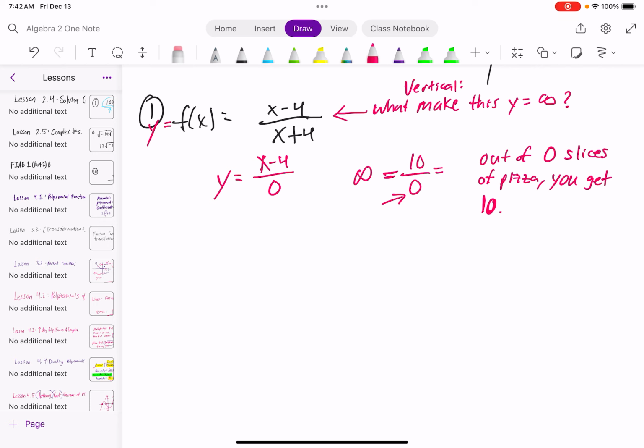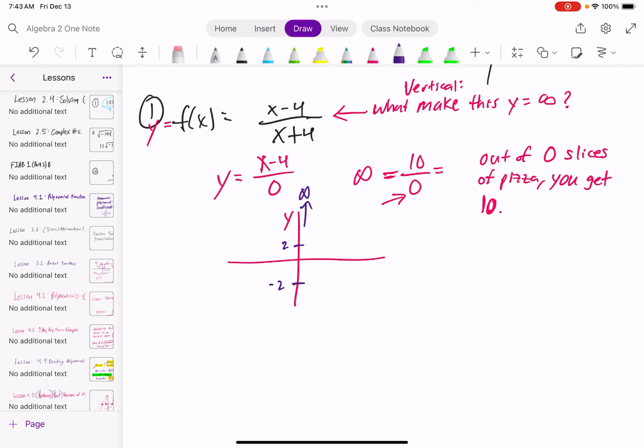So how can we represent infinity? When you look at a graph, infinity, right? This is y is negative 2, and y is 2, and then all the way up here is infinity.